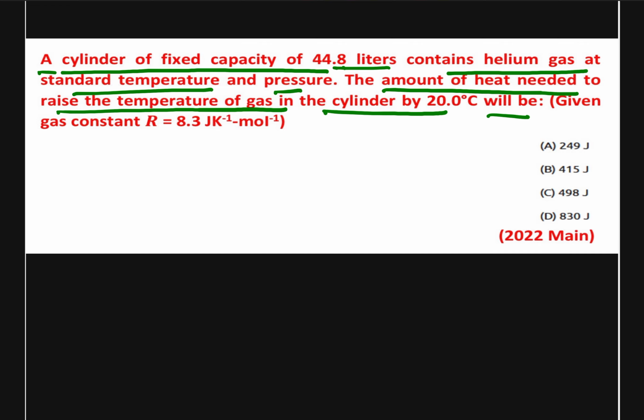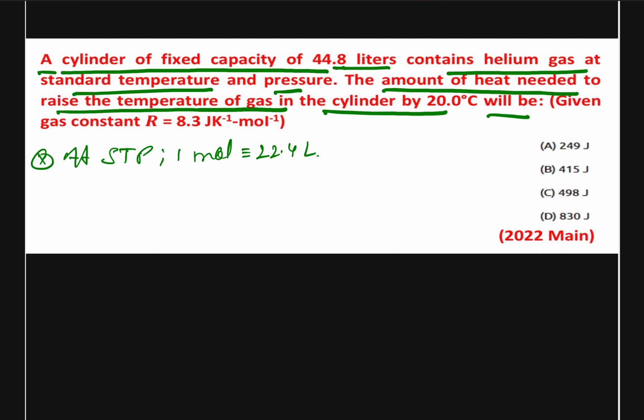And it is saying about standard STP. Therefore, we can write that at STP, we know that 1 mole occupies 22.4 liters. And therefore, we can find out the number of moles.